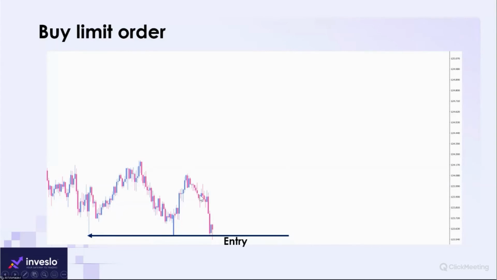You can register your buy limit order when you see the prices here and assume there might be a downward movement through this level. If the market reaches this level, your buy position will be executed, and you use it only when you think the market is going to bounce back from this level, pulling up after hitting this important support level.